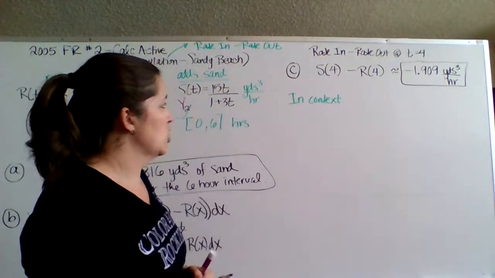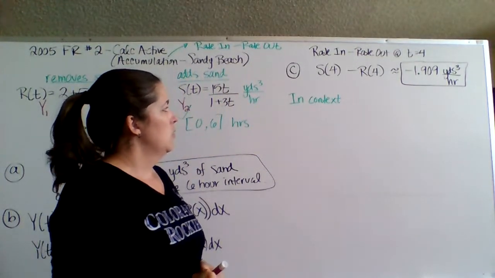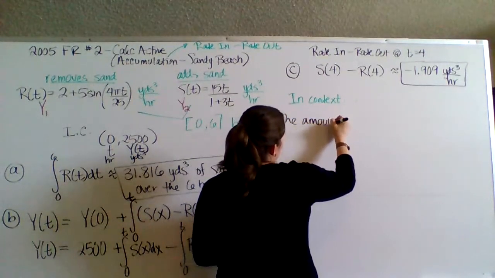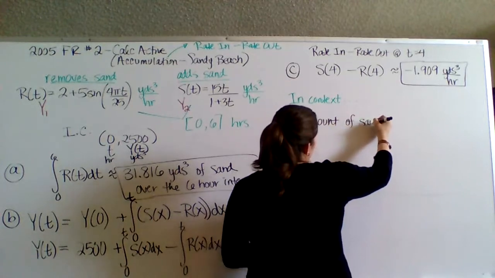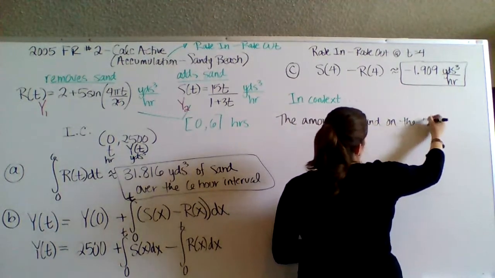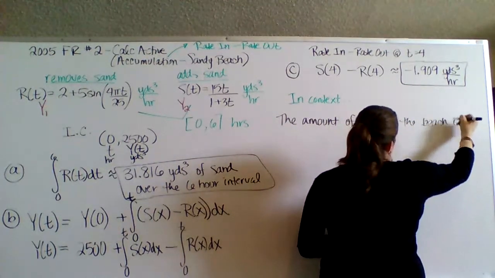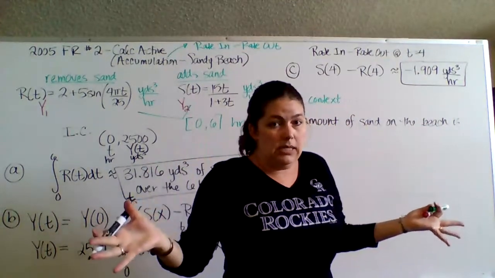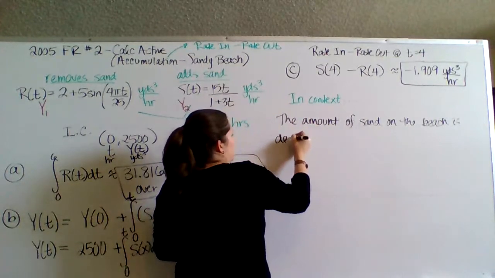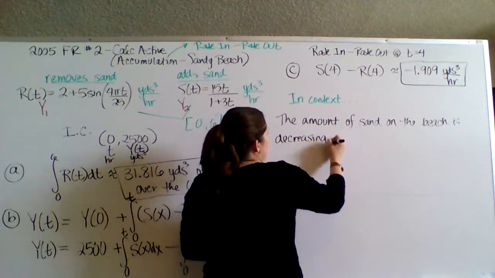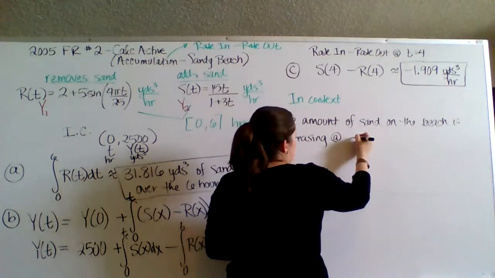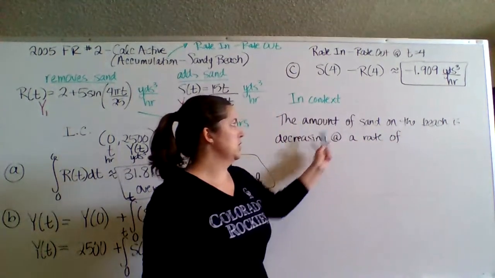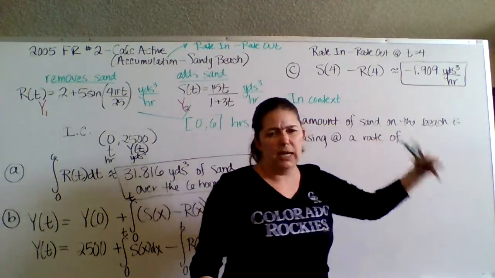So if I said, okay, interpret what that means in context of this problem, wouldn't you say the amount of sand on the beach is, oh, I got a negative derivative, so I would say is decreasing at a rate, I mean, we found a rate of change, so say at a rate of, but remember, if we've already used the word decreasing, since we have a negative derivative, we don't put the negative on the number.